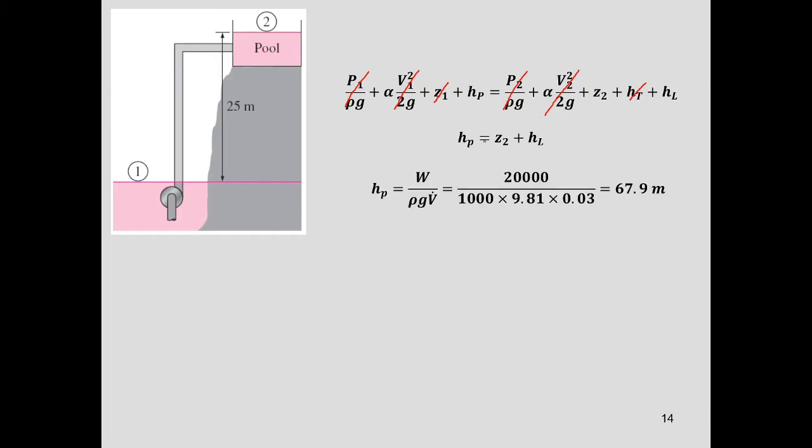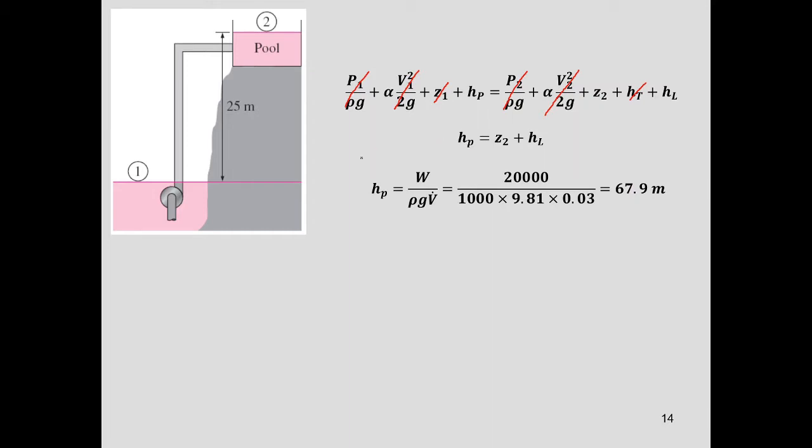The problem gives the W for the pump, so you can use the equation W equal to ρg V dot h_p. You manipulate this equation, and you get h_p equal to W over ρg V dot, and then you get the head of the pump, 67.9 meters.